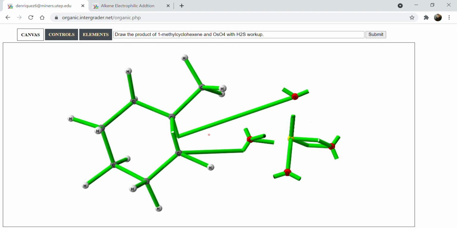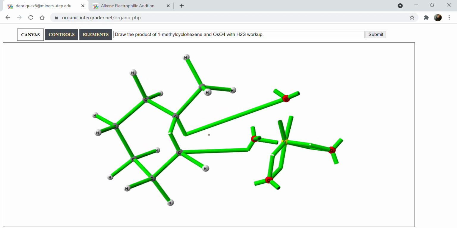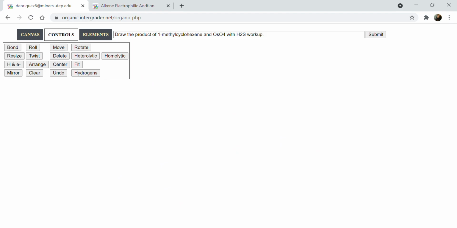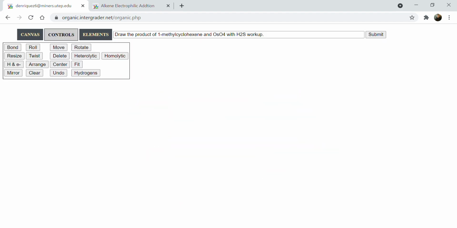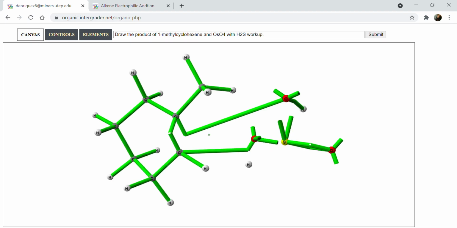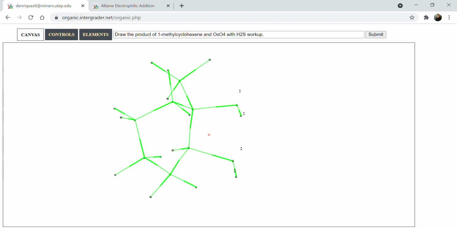Okay, and let's see if I got the right electrons. No, the oxygen needs one more, but I'll just bond the hydrogen already. And I'll put that hydrogen there, and I'll go ahead and delete everything else. Okay, I've got that going on.